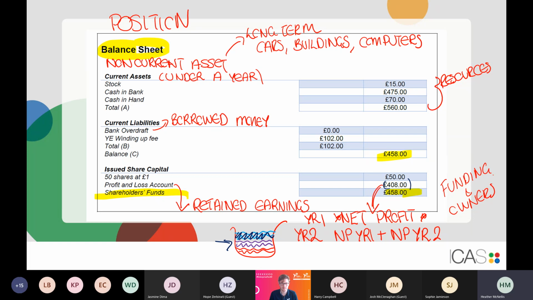See that there? 458, 458. So that's telling us that all the assets, the resources, and the liabilities we have, all the things we have to make money and all the things we owe to help us make money, equal what is attributable to the owners of the business, i.e. the shareholders' funds.